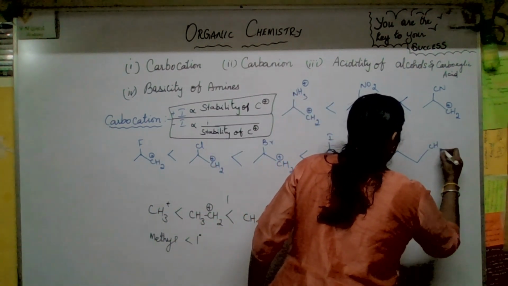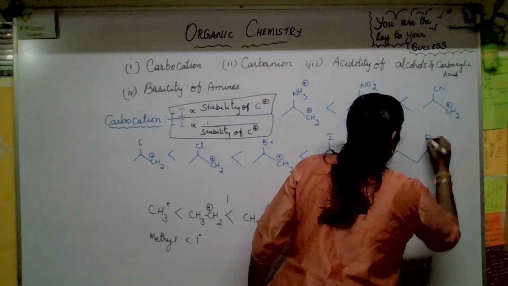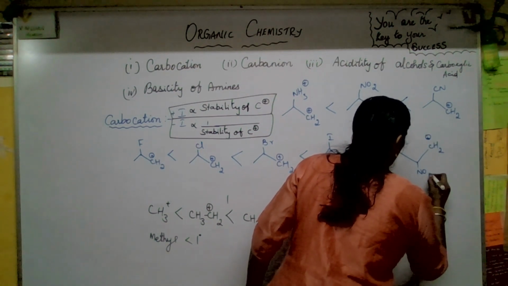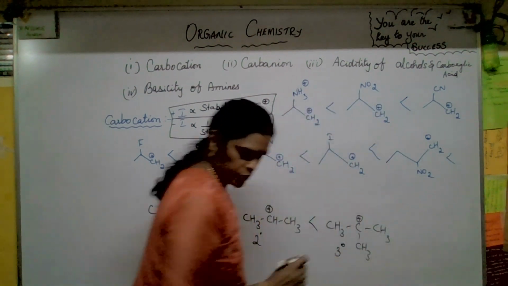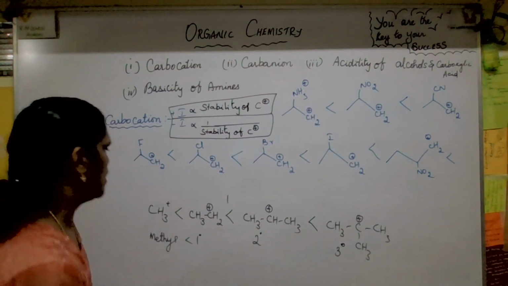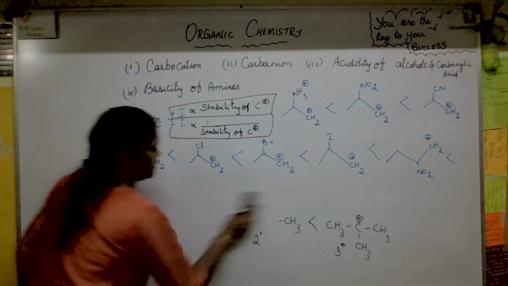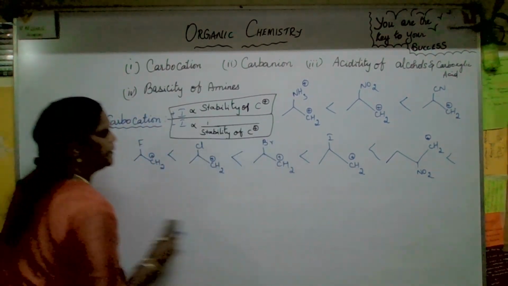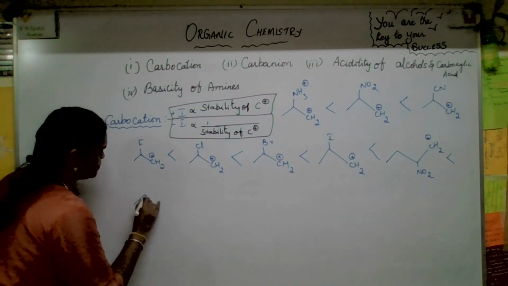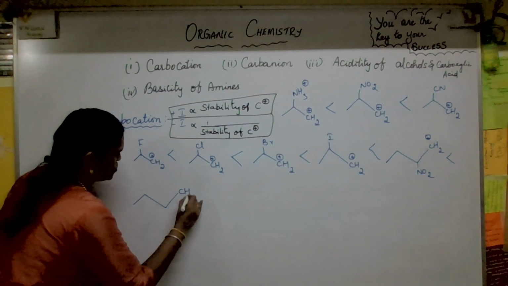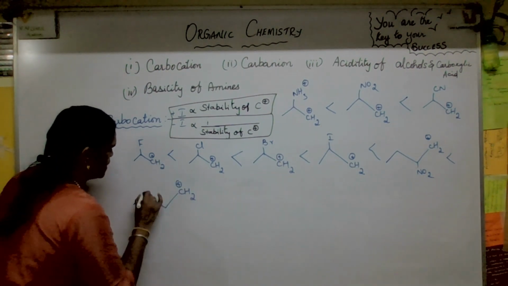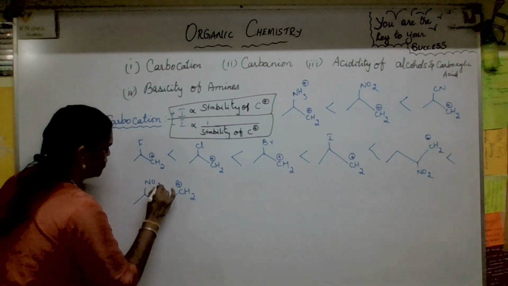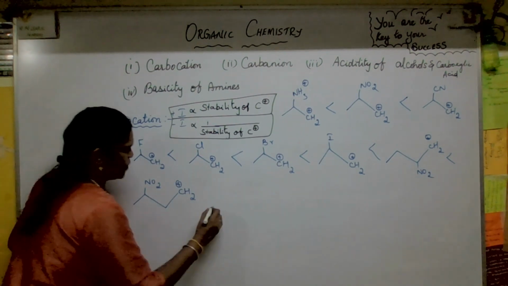Here CH2 positive charge, here NO2. Okay, it's lesser than. Now you see the position where it is coming. Okay, I'll rub this. The same way here CH2 positive charge and here NO2. Okay, now another one more.